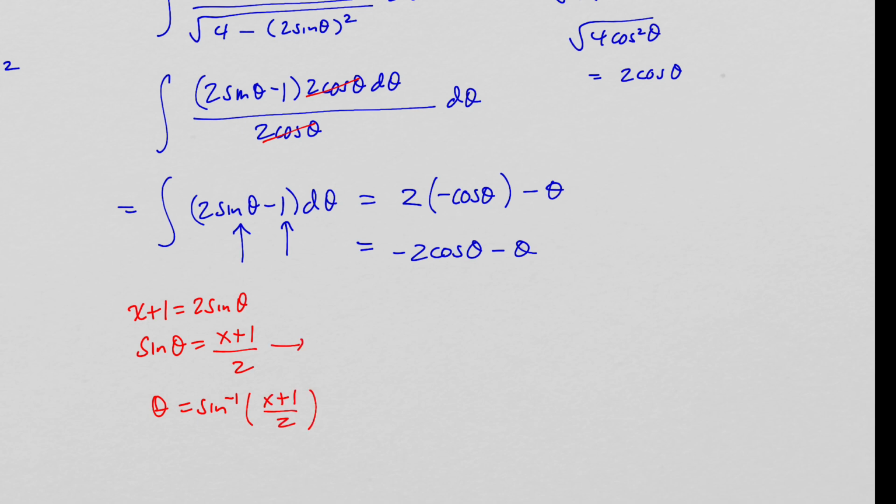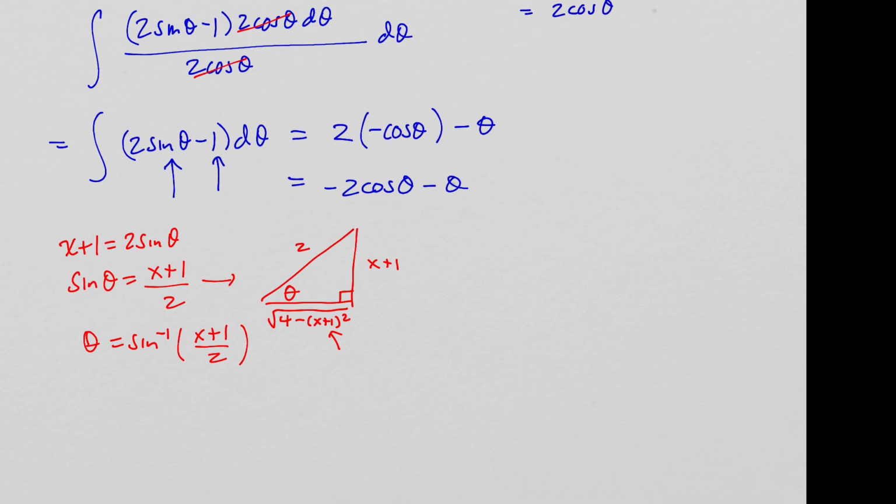But then if I draw a triangle representing the relationship, sine of theta is opposite over hypotenuse. This side right here is going to be the square root of 4 minus x plus 1 squared, which of course was our original radical at the beginning of the problem.